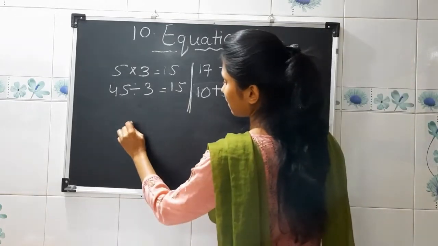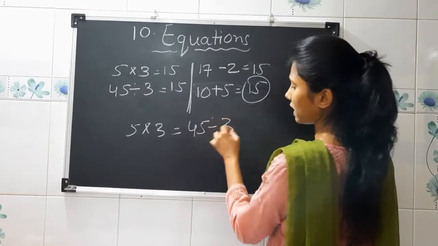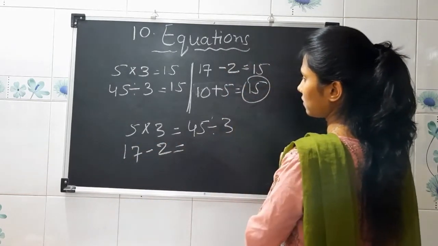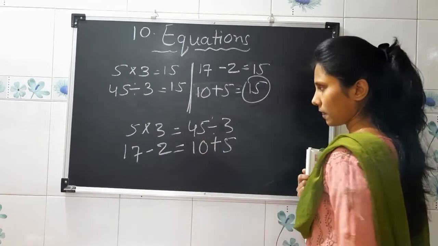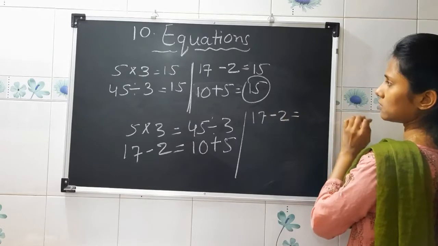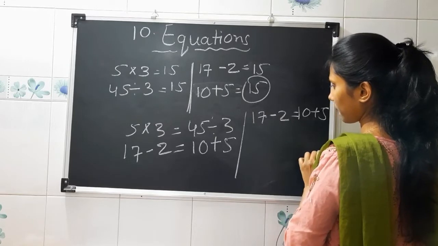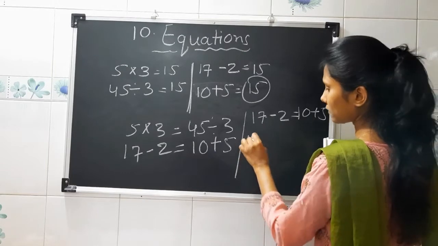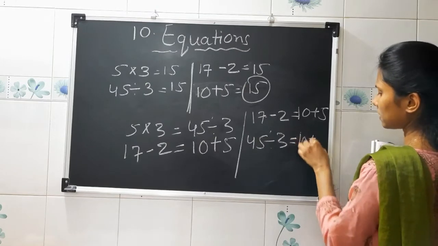So you can write 5 multiplied by 3 is equal to 45 divided by 3. Or you can write 17 minus 2 is equal to 10 plus 5. Or 45 divided by 3 is equal to 10 plus 5.